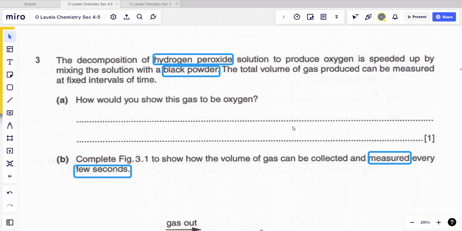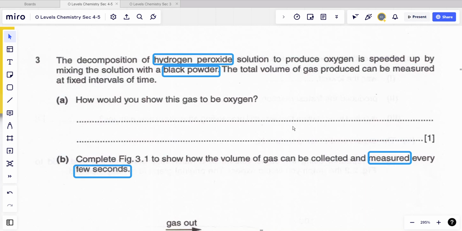But we'll mention something else. Hey guys, better take note. This is called decomposition. One reactant becomes two or more products.